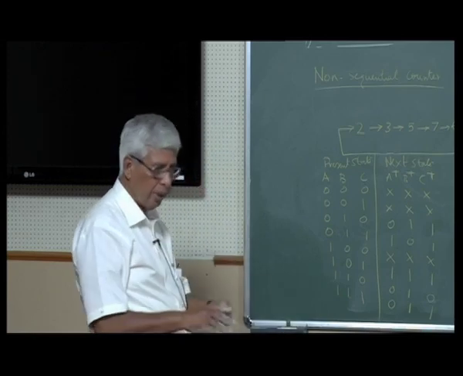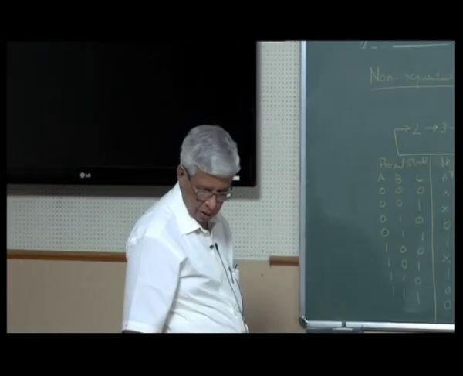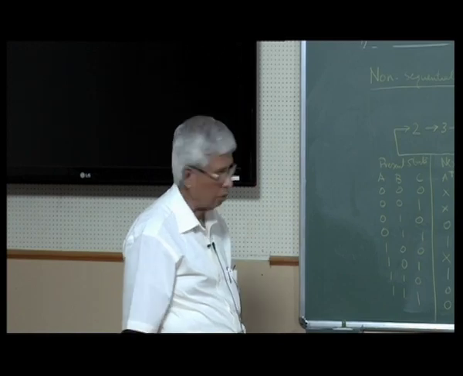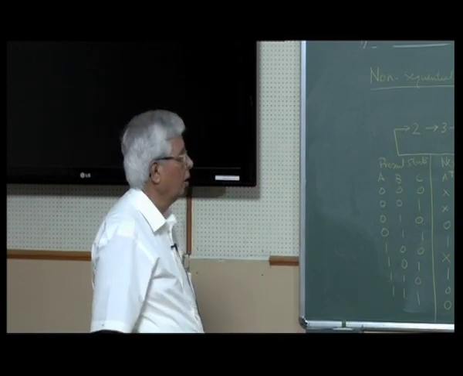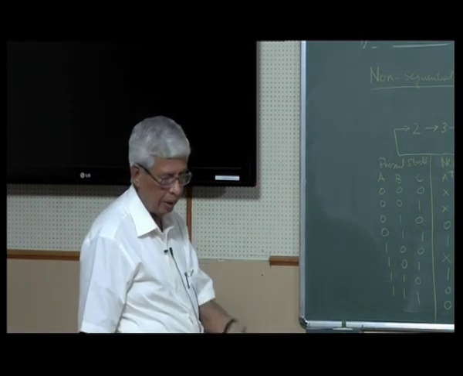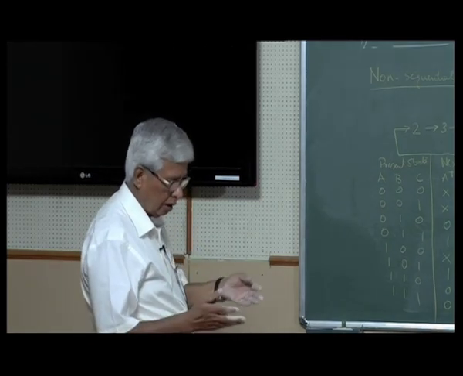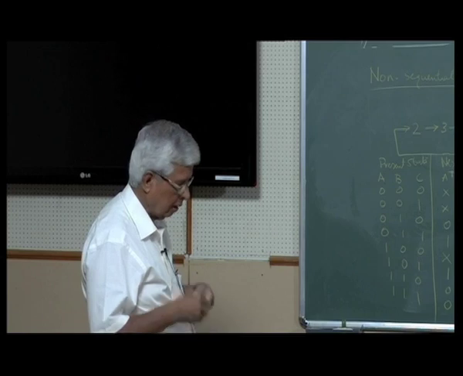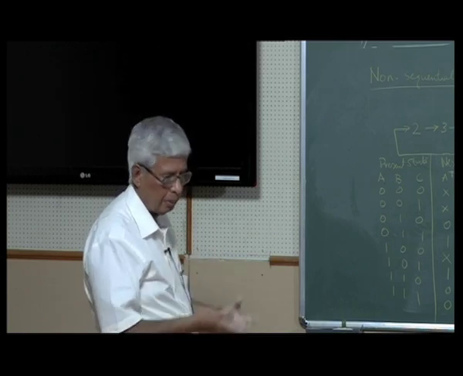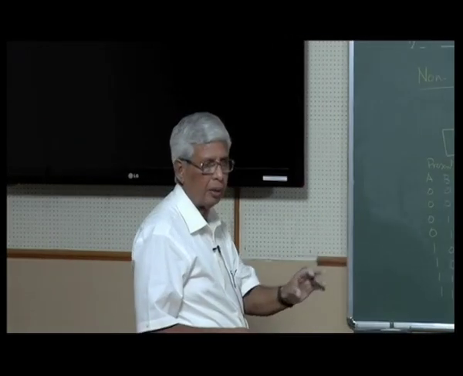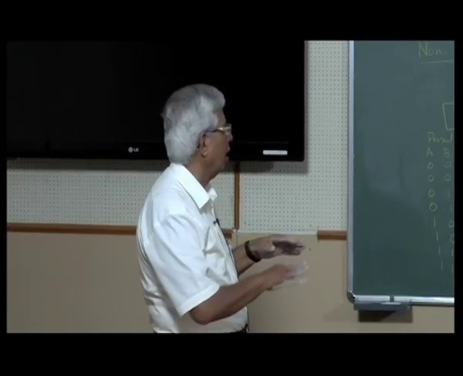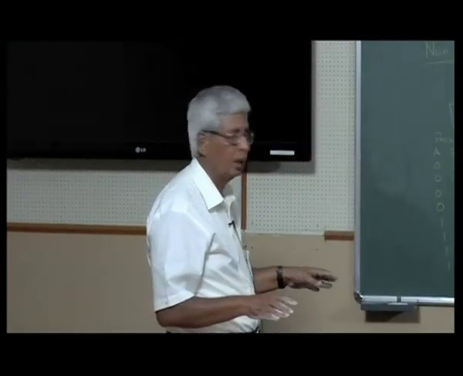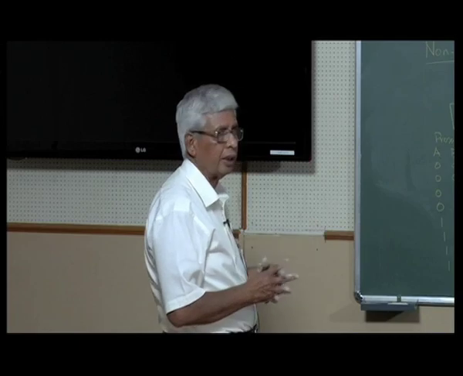That is a major improvement over the ripple counter, where we had to decide the next state by taking all the inputs of the present state and triggering the clear or the preset using a combination logic gate. All those things are not required in this. This is a beautiful thing.